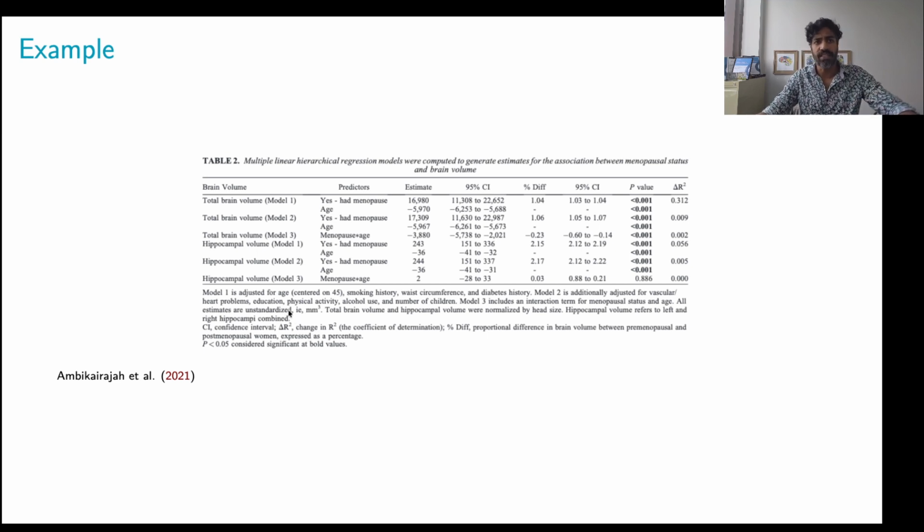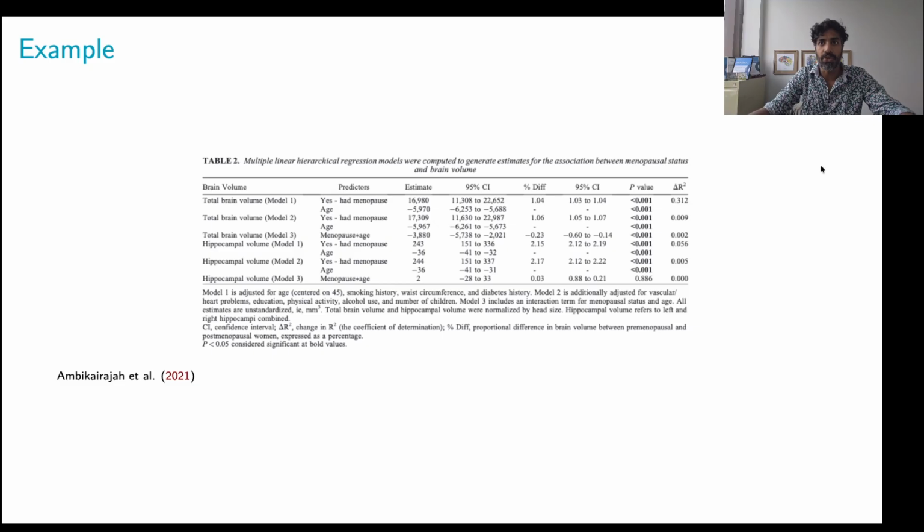And all estimates are unstandardized, in cubic millimeters. So the first model incorporates the relationship between menopausal status and brain volume, accounting for some covariates. The next model accounts for additional covariates. The third model has an interaction term. And that's the same structure that you see for the hippocampal volume as well. And so that's the key takeaway.